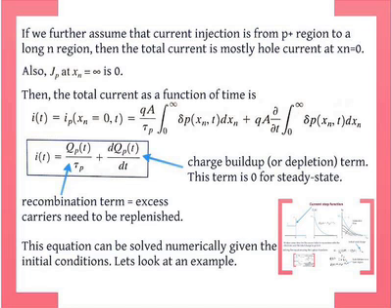Basically that means that the total current is mostly whole current at xn equals 0. This is basically the assumption we had last time. If you have a P plus N junction, most of the current here, at xn equals 0, is basically the whole injection, because the electron injection here is small.